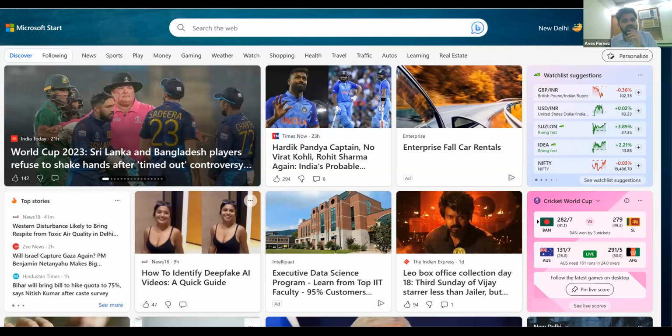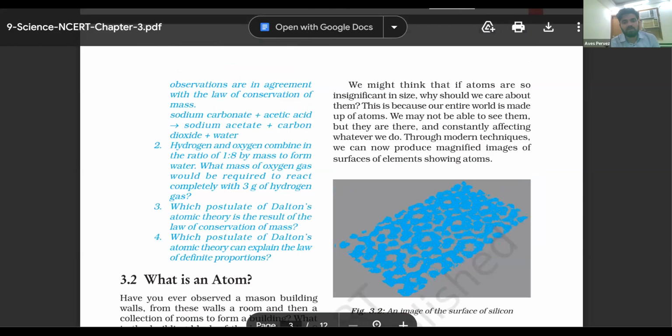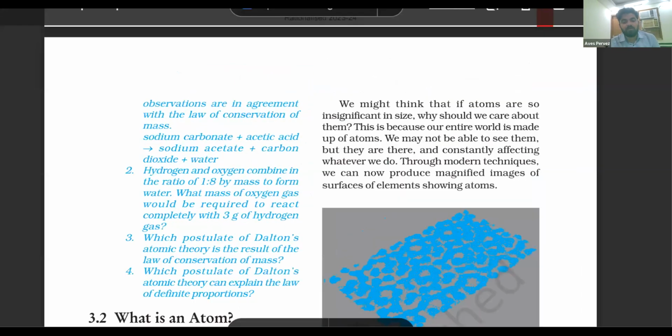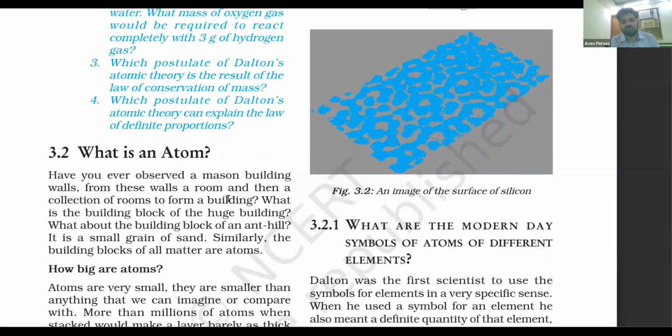So it's atoms and molecules. Here we have this NCERT, and their names are written here. So you have to copy these names here.